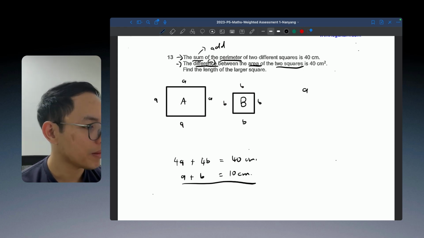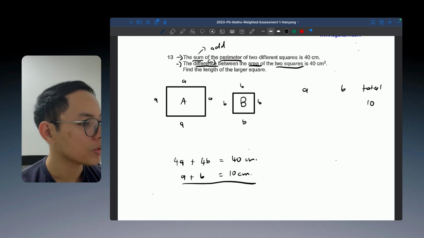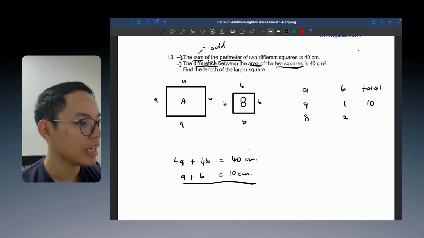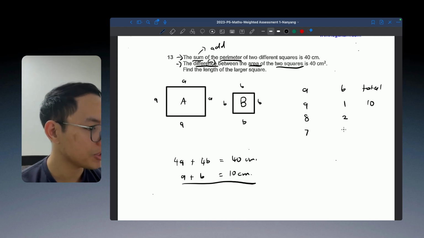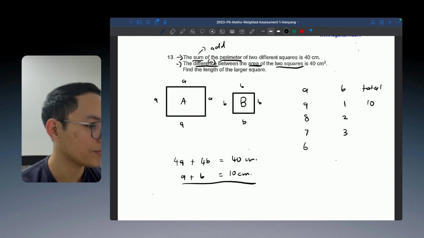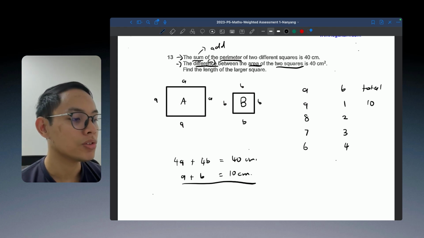So A and B total should be 10, right? A can be 9, B can be 1. Then A can be 8, B can be 2. A can be 7, B can be 3, A can be 6, B can be 4.